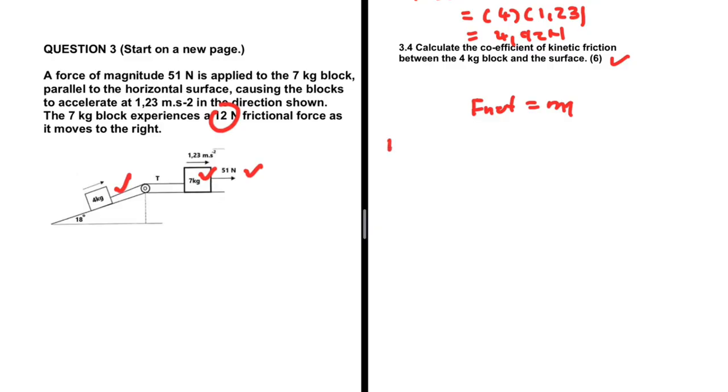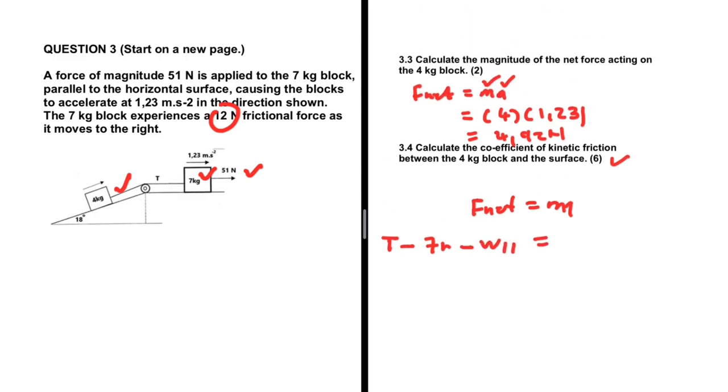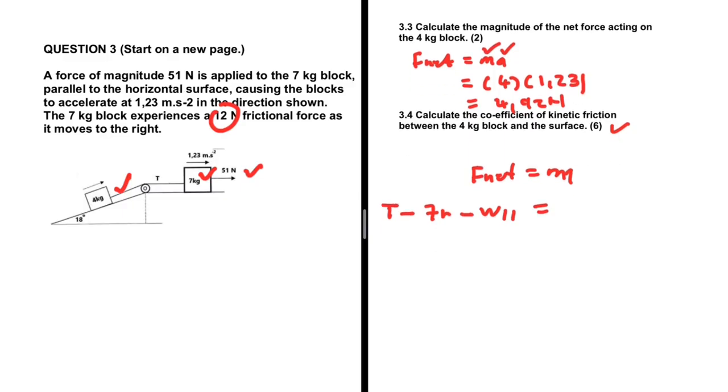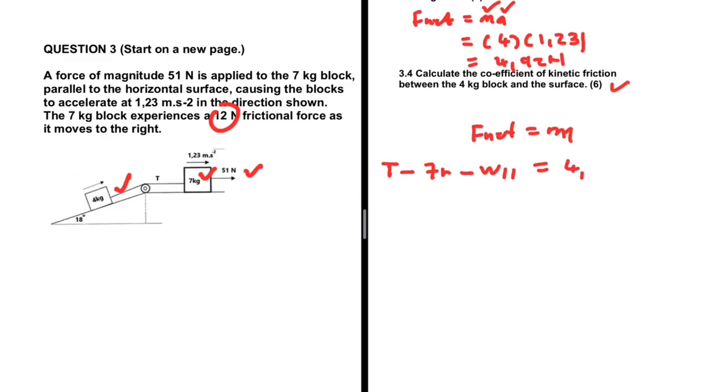So we're going to have the tension force minus the frictional force minus weight parallel equal to ma. We calculated the net force in 3.3, so this is 4.92. The tension, we calculated it above also. That is 30.39, right?